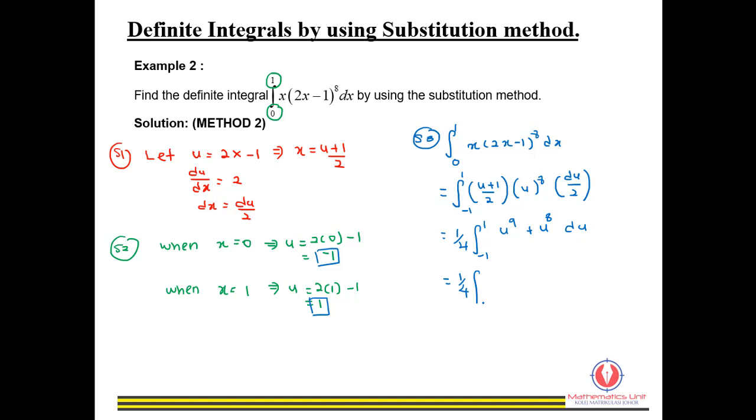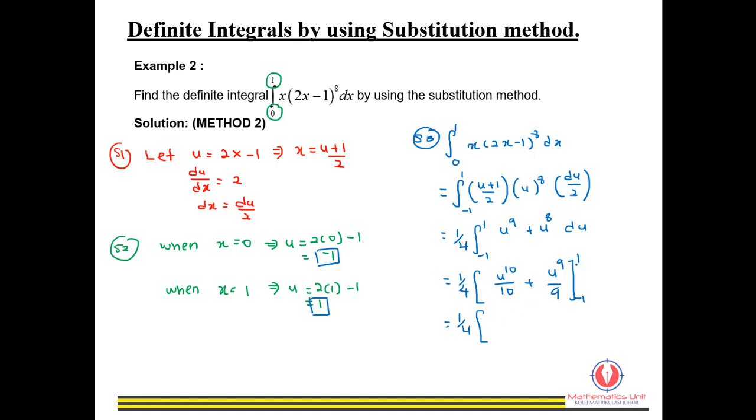We are going to integrate it with respect to u. We get u to the power of 10 over 10 plus u to the power of 9 over 9, from negative 1 to 1. Next, we are going to substitute the limit.